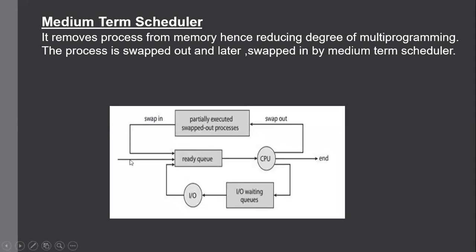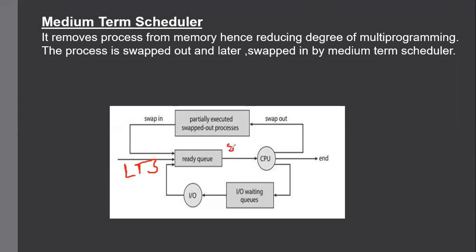Now let's have a look at this picture and discuss all the schedulers. This is your ready queue. The programs that will be loaded from disk into main memory, and hence will be ready for execution, are decided by your long term scheduler, LTS. And from this ready queue, which process will be allocated CPU?